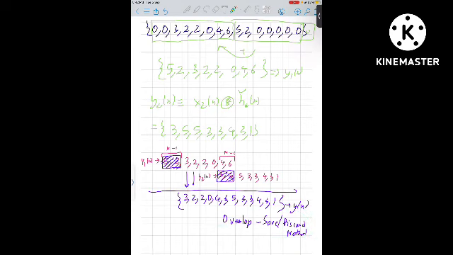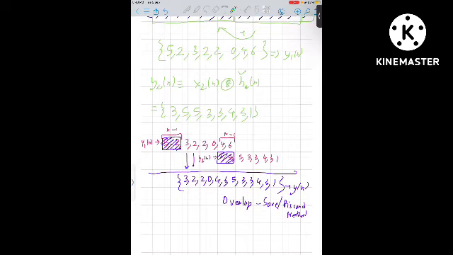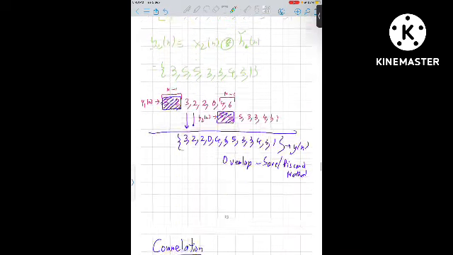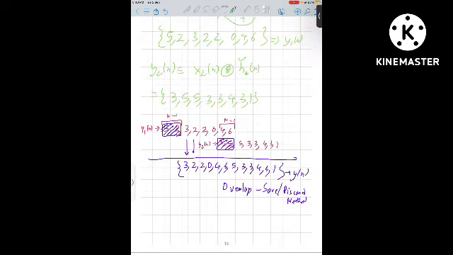So is overlap add, overlap save method clear to all of you? Overlap add and overlap save. Okay, very good.